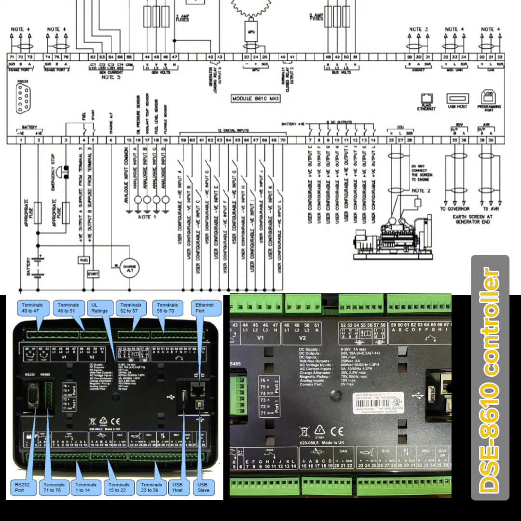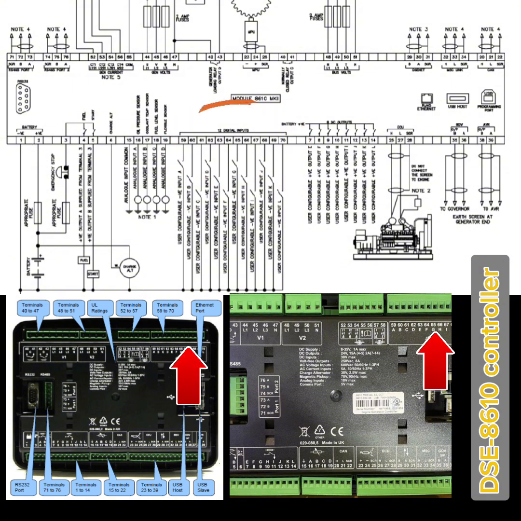And next terminals are 59 to 70. Guys, these are the digital inputs. Here you can connect your digital input wires. All these inputs are configurable. You will connect your breaker status or any status to these digital inputs, and all points are configurable.